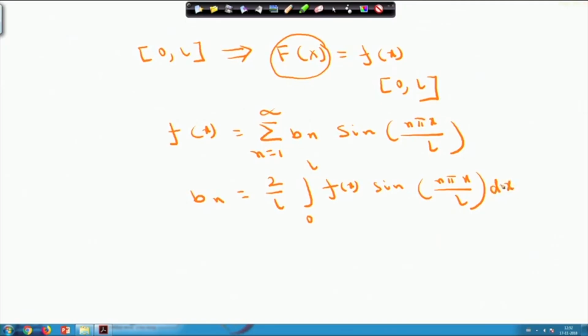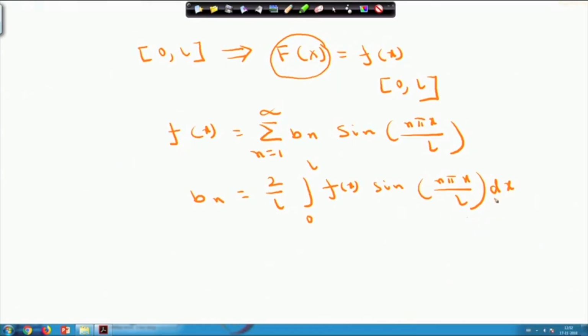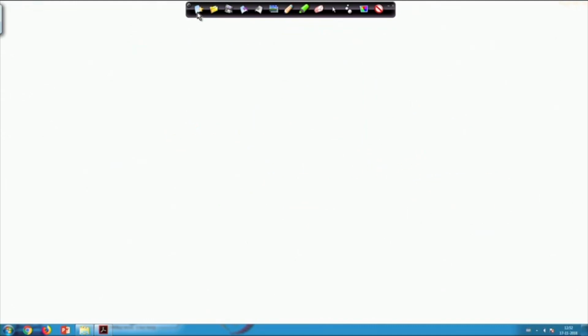So, therefore, the half range sine series of a function f x is equal to summation n equals 1 to infinity b n sine n pi x by L, where b n is 2 by L integral 0 to L f x into sine n pi x by L. And already you have seen how we are arriving at these formulas. Now, come to half range cosine series.